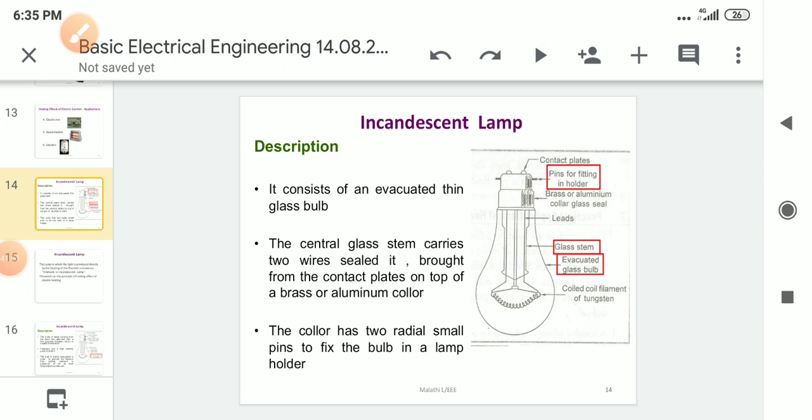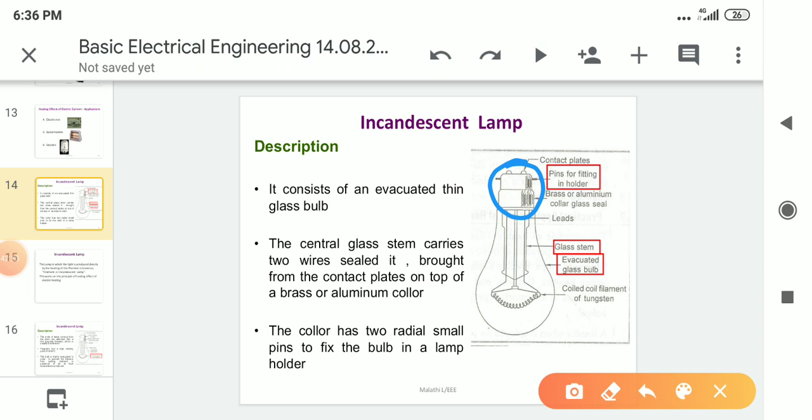These are the different parts. Contact plates: here, see, two plates are there. After that, contact plates and pins are also there. After that, this complete part is made with aluminum or brass. If we touch the glass while the bulb is glowing, we just feel warm, that's it.